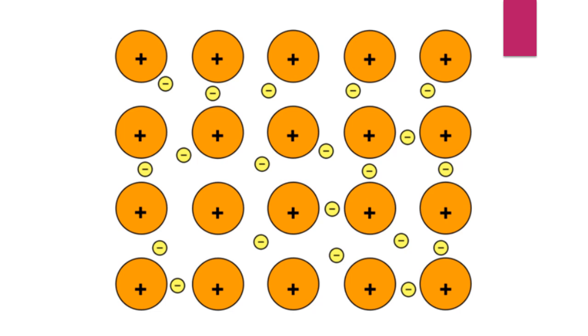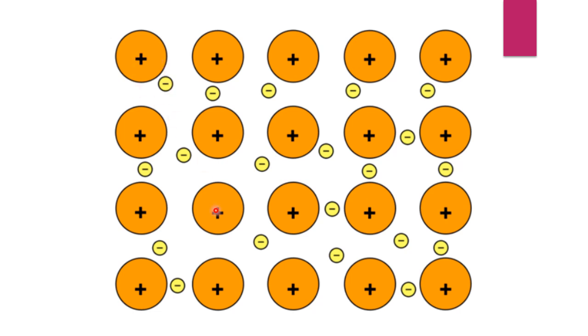Here we have the structure that shows how a metallic bond is formed. If we look at this structure, here we have the positive, while here we have the negative.